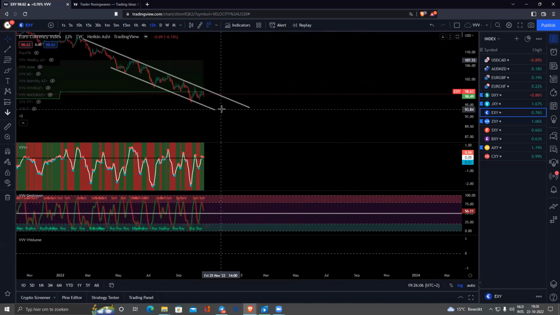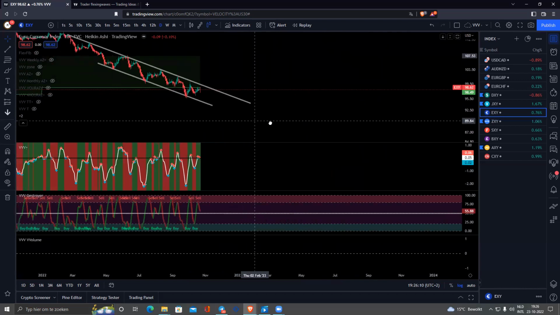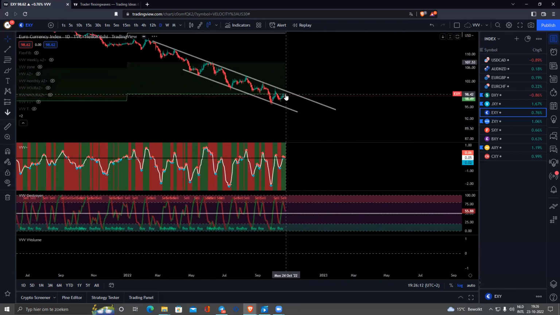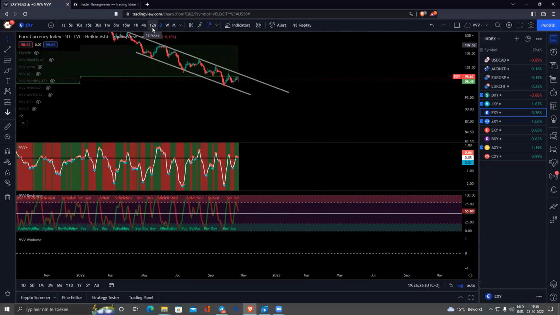And I expect here the same, but it will be first, probably the touch on the underside of the trend line, in my opinion. And we are also bouncing from the zero line, but there is still a bullish momentum.